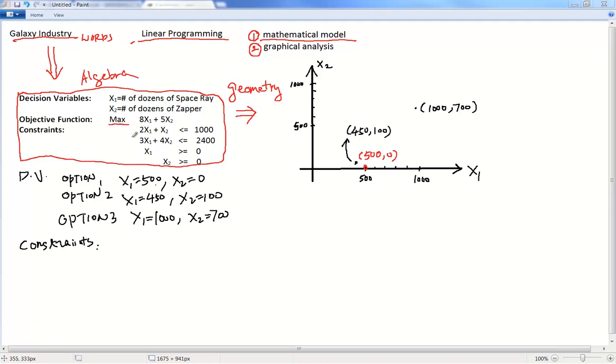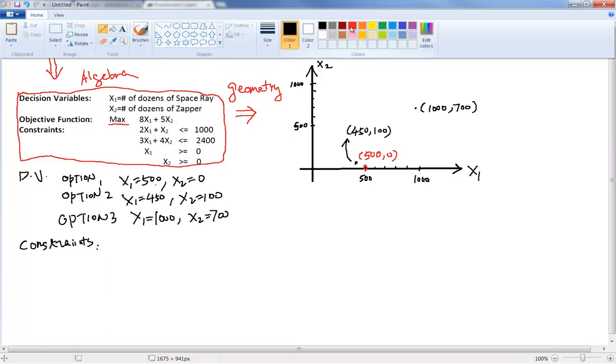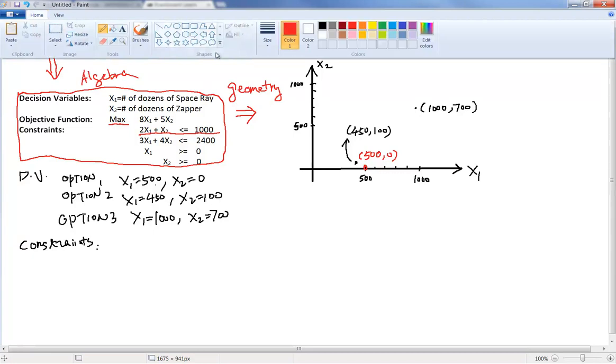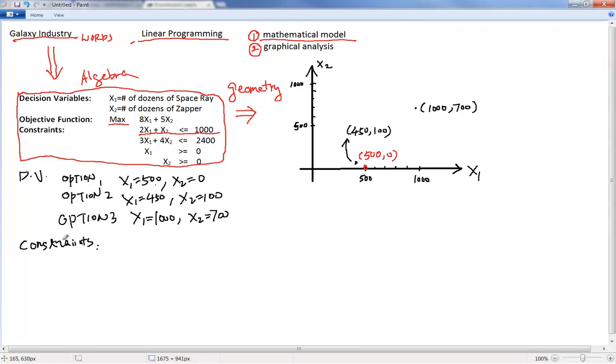We'll first look at the first inequality here, which conveys the physical constraint that we only have 1,000 pounds of plastic available for production. So in order to understand the geometric meaning of an inequality, we need to first understand its associated equation. So its associated equation will be 2x1 plus x2 equal to 1,000.